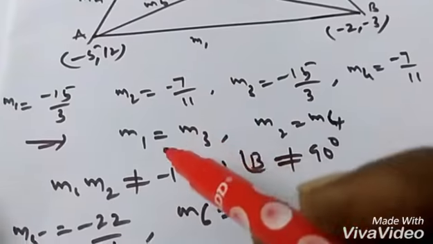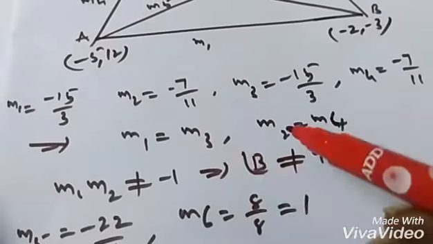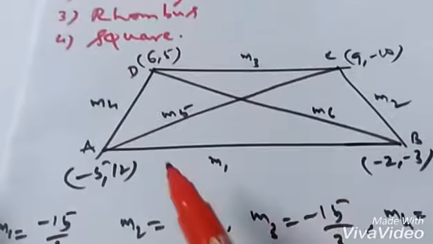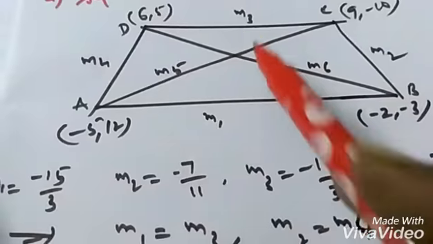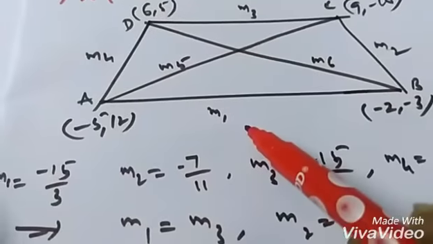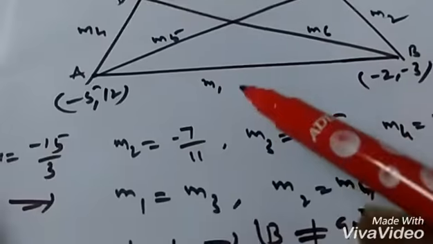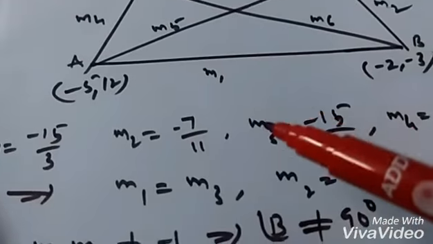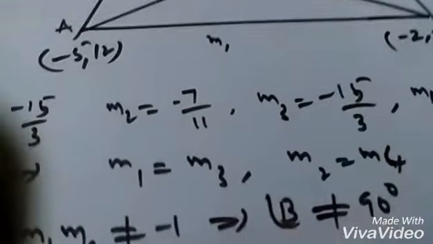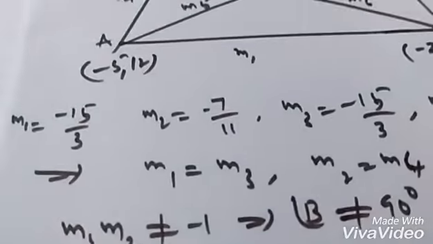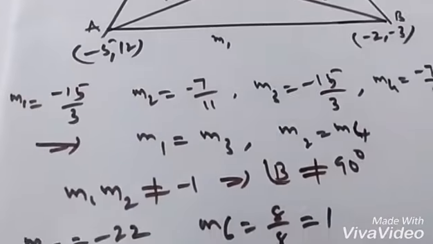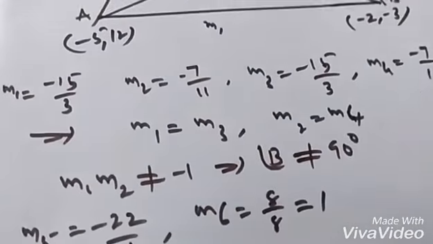Now M1 is equal to M3, M2 is equal to M4. That means opposite sides are parallel. So it is either a rectangle, a parallelogram, a rhombus or a square. In all these cases the opposite sides are parallel.